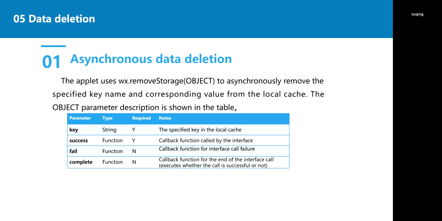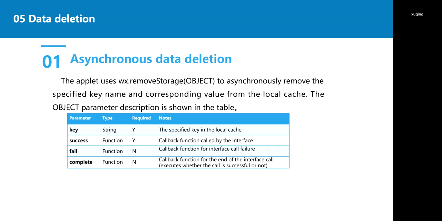For the parameter object, we describe it like the table. We have these 4 parameters: key, success, fail, complete. They are commonly used in this part.